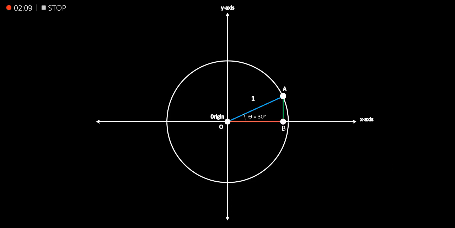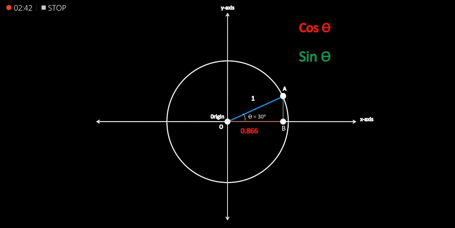The red line OB represents cos of theta and the green line AB represents sine of theta. It means the red line is the representative line of the cosine function and the green line is the representative line of the sine function. If we measure the length of red line OB as compared to the length of OA, it would be equal to 0.866.